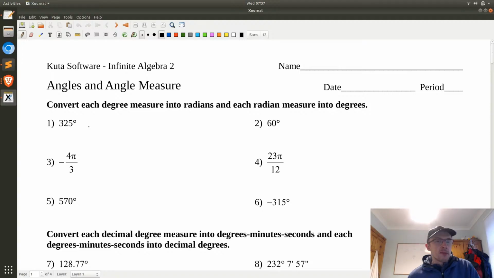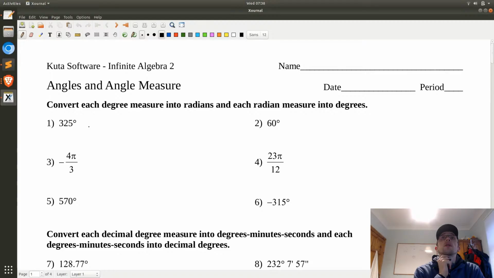Convert each degree measure into radians and each radian measure into degrees. So if it said 360 degrees in question 1, we would reply with 2 pi radians. But it doesn't. It says 325. So what do we do? Well, if it said 180 degrees, I would have replied with pi radians.